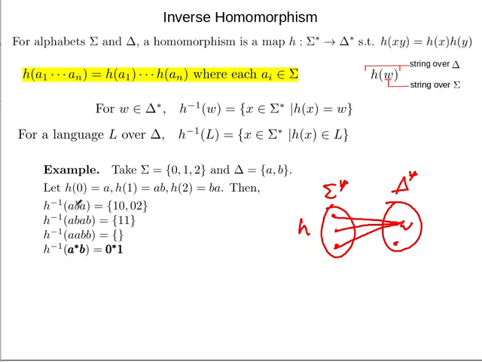For that you have to consider strings over 0, 1, 2 such that H of that thing is aba, right? And you can take help of this thing, that H of a1 up to an is H of a1 up to H of an.